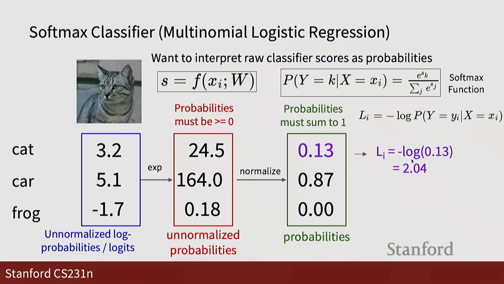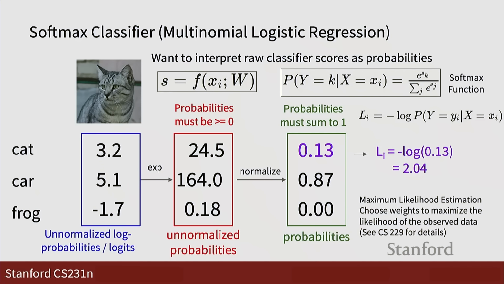So negative log of that value will define the objective function, the loss function, for solving this problem. Very simple. That's the objective or the loss function for Softmax, for this logistic regression function.